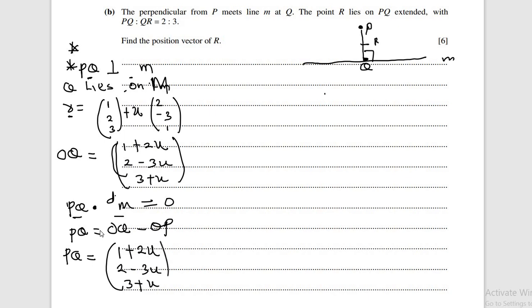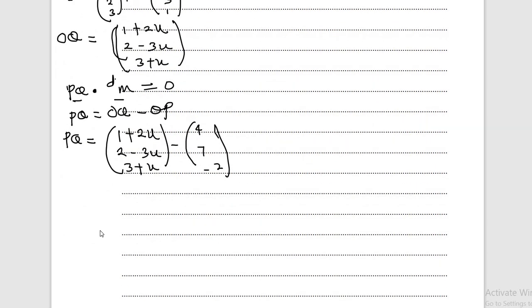OQ minus OP. What's OP? OP is vector P, and vector P from the previous question above is 4, 7, minus 2. That's vector Q. So at the end of the day, let's do the math to get PQ.